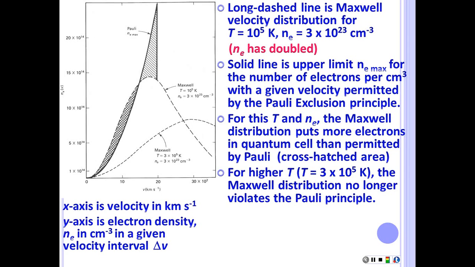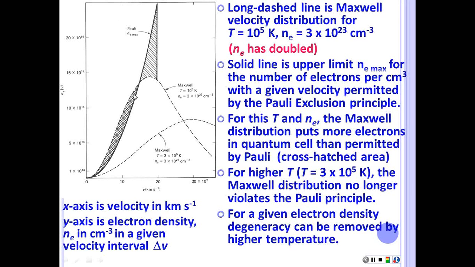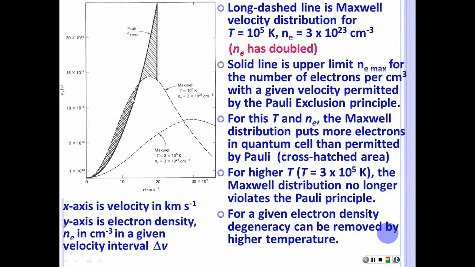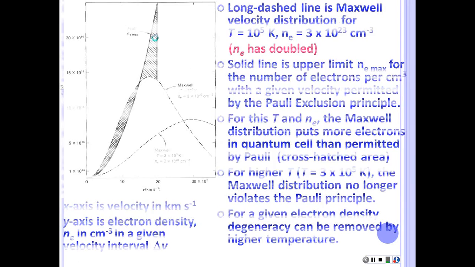Higher mass stars don't become degenerate because although they have high densities, they also have higher temperatures, and so you don't violate the Pauli exclusion principle. But we have to take some energy from the protons and neutrons and give it to these electrons so that they're now moving at speeds up here. So instead of moving at speeds around 5 to 10 kilometers per second, they're now moving closer to 20 kilometers per second.